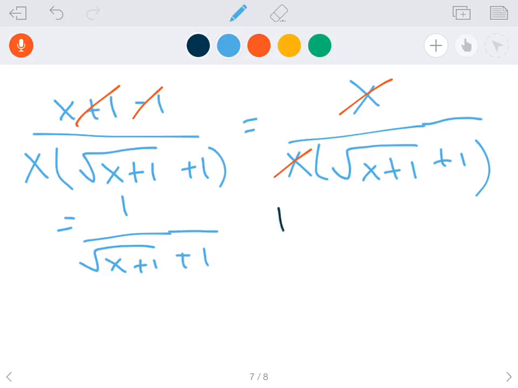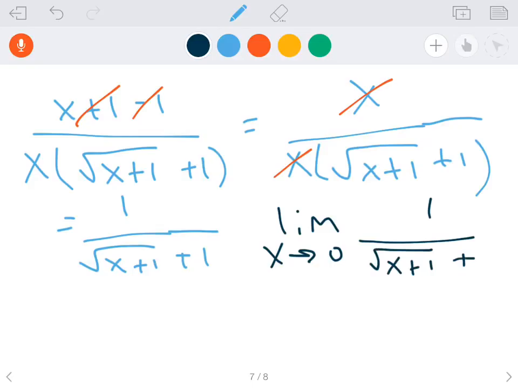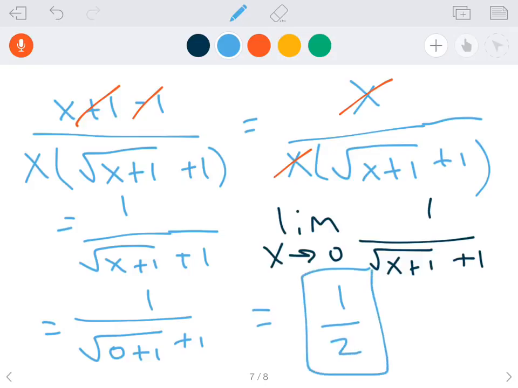So I can rewrite my limit problem. I'm looking for the limit as x approaches 0 of 1 over the square root of x plus 1 plus 1. And now this is something that I can plug 0 into and get an answer. So I've got 1 over 1 plus 1, or 1/2. And we're done.